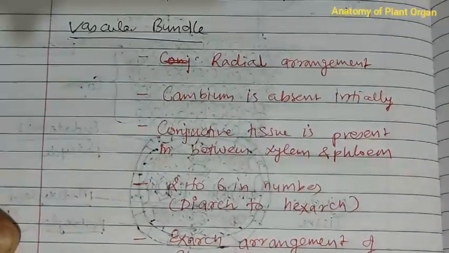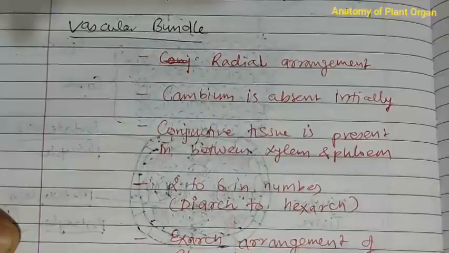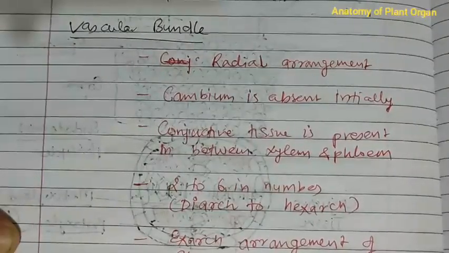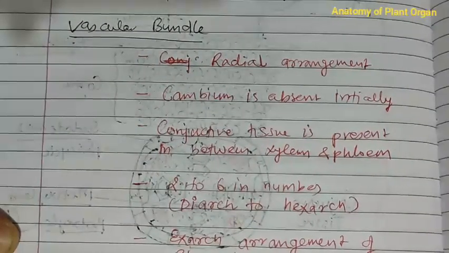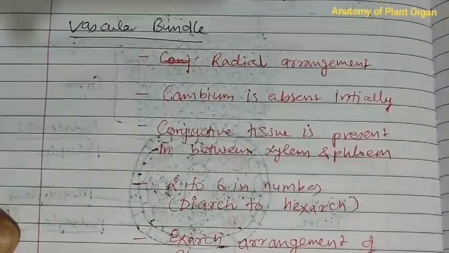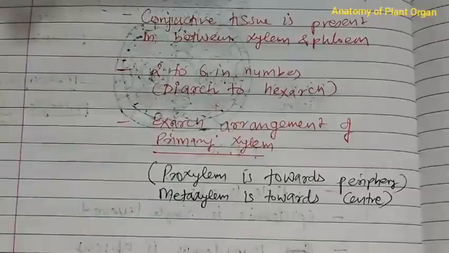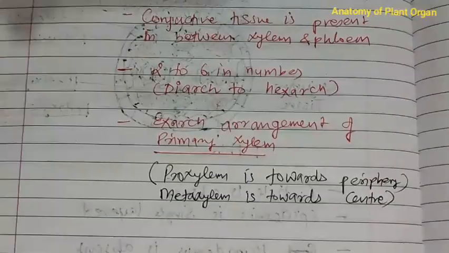In this exarch arrangement of primary xylem, protoxylem is towards periphery and metaxylem is towards center. In such a way they are arranged, and that is known as exarch arrangement. So this is about vascular bundle.